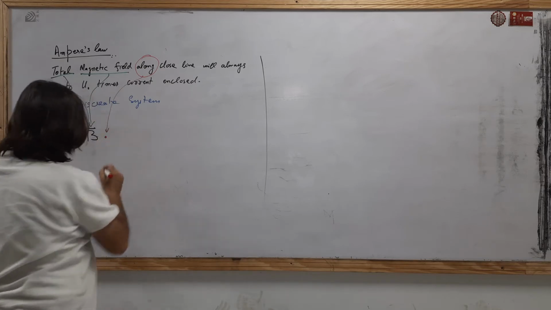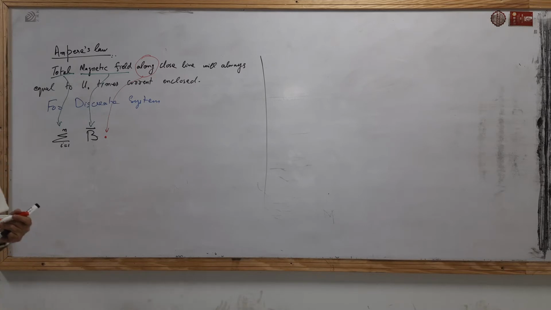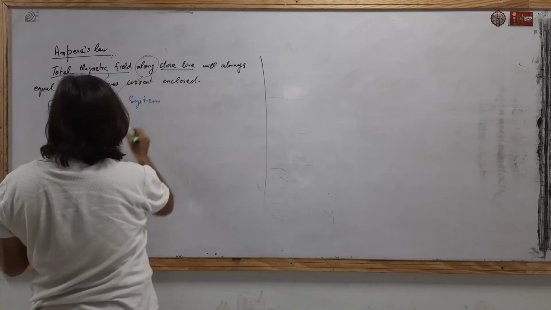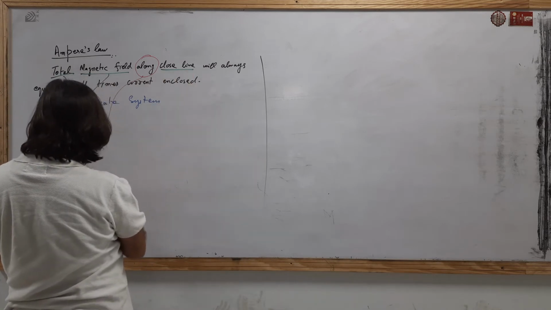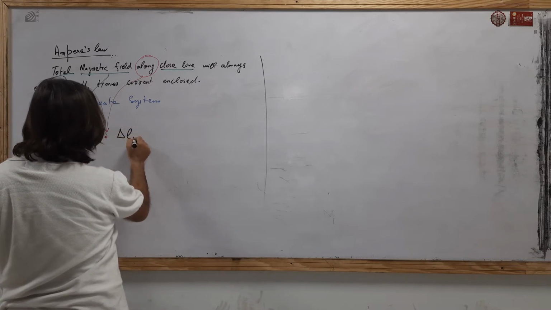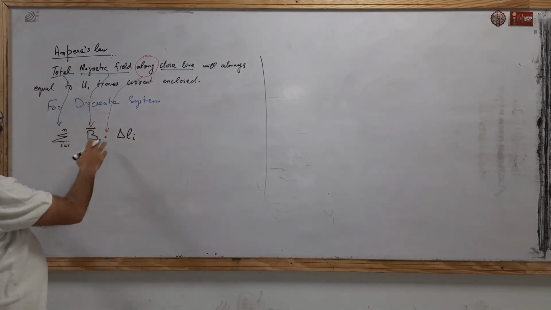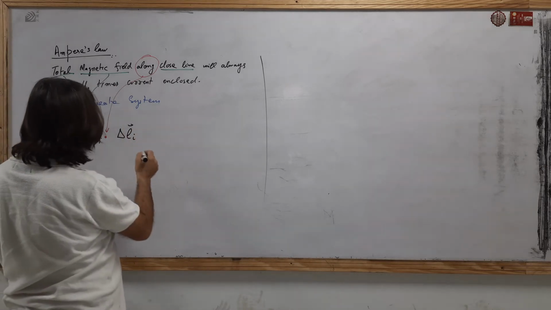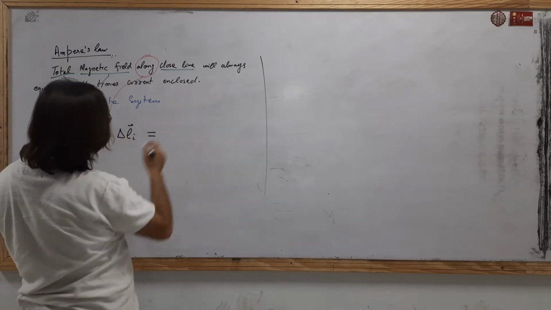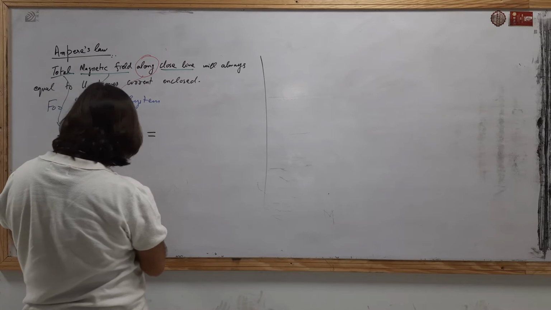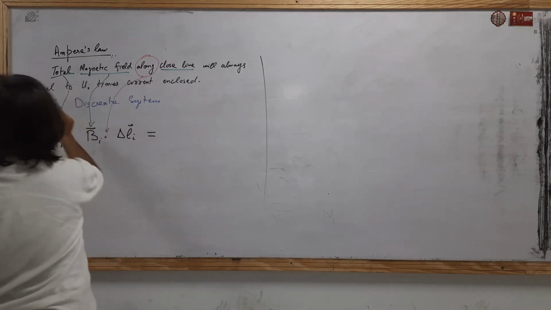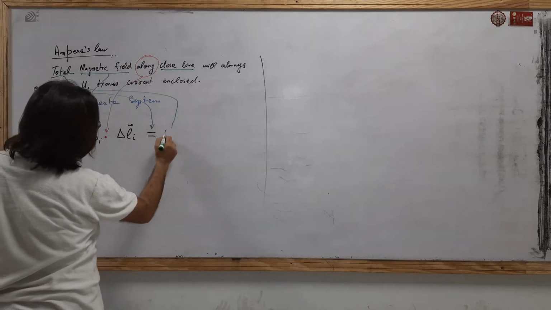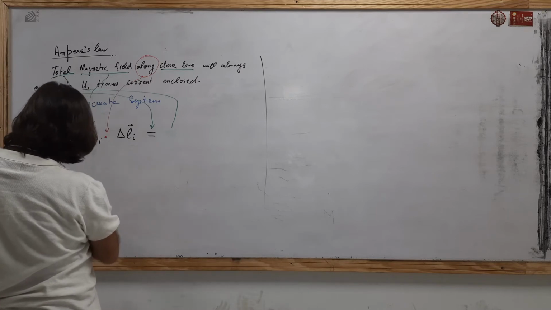Whenever we say the effect along or through, we use the dot, and the closed line will be represented by delta L i. So the total magnetic field along the closed line will always be equal to mu naught times the current enclosed.